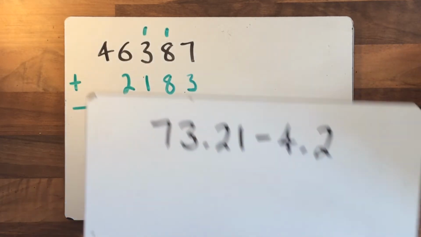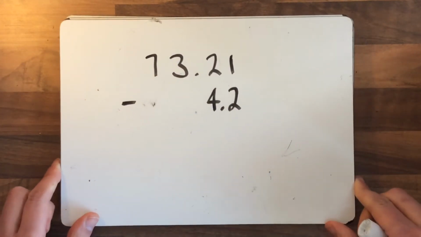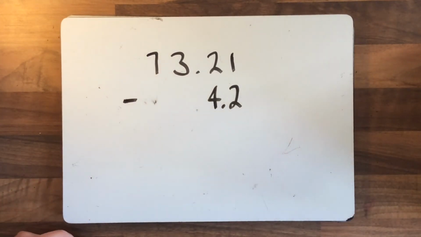So let's have a look at this one here. It's a subtraction and it is a decimal subtraction. So we've got those same numbers, and again I've lined them up here. Now just have a look what error has been committed here, what mistake has been made here.